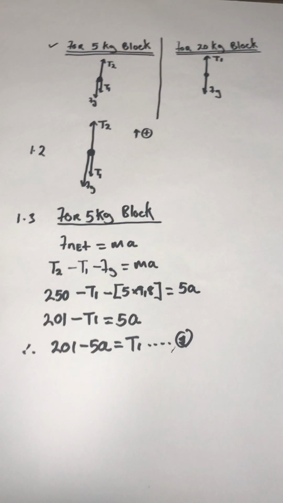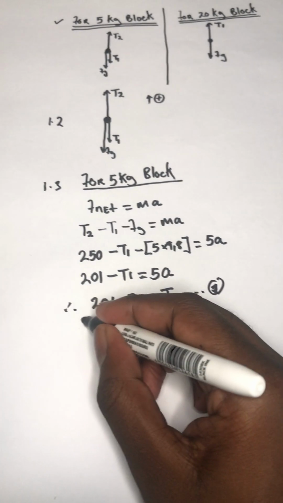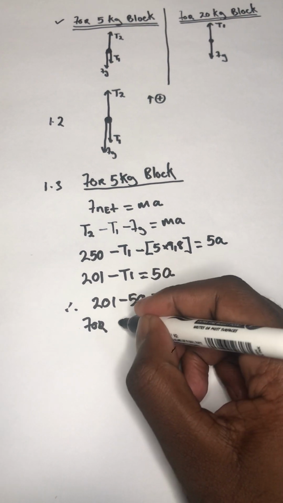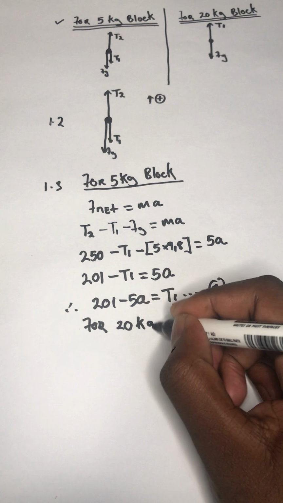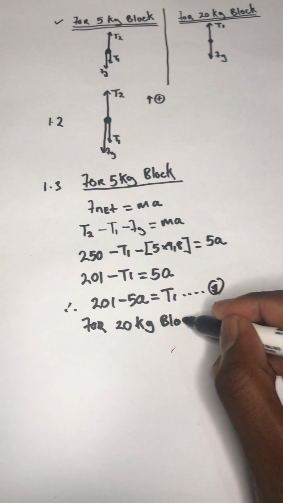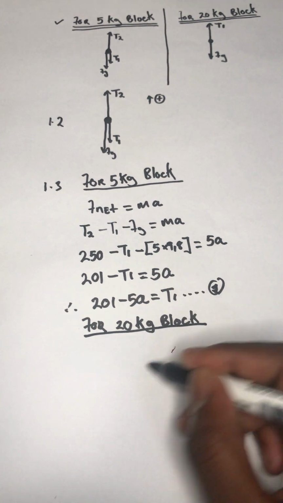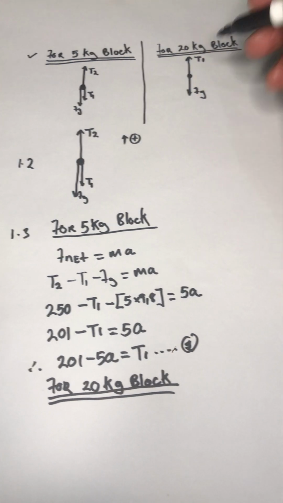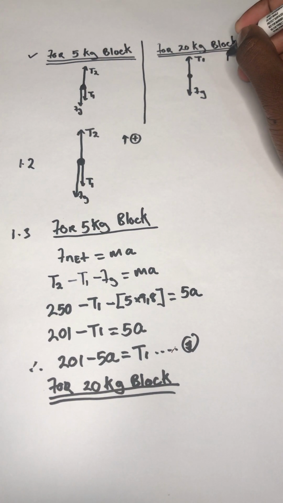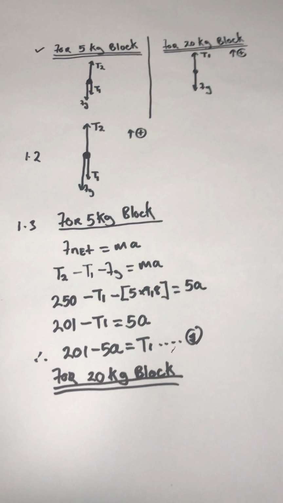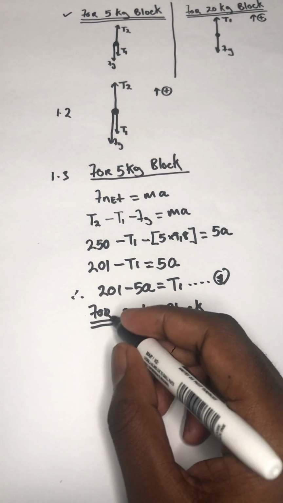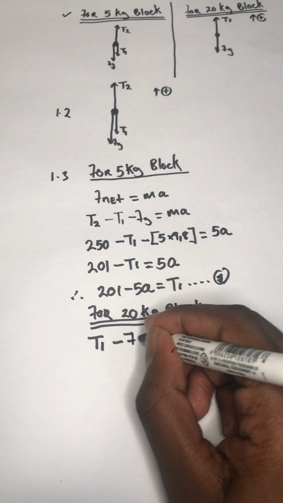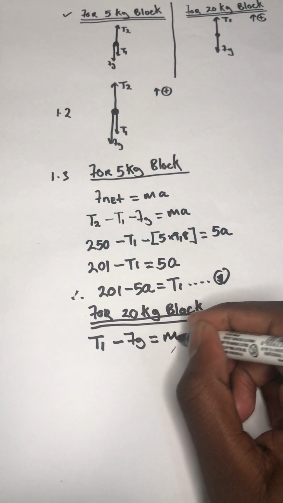Now for the 20 kg block, the forces we have are T1 pulling the object upwards, so direction of motion is positive again. It makes the work easier. So we have T1 minus FG is equal to ma.